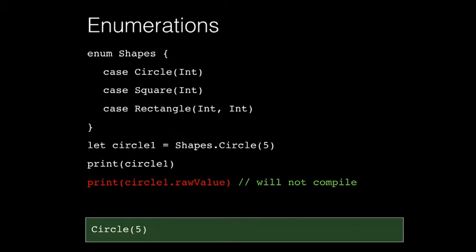And in this case, when we print it out to the console, it's going to look like this. Now, if you have associated values, you can't have a type with the enumeration, so this would not compile. You can't have a raw value in that case. And I'll show you an example of how you can use these associated values in a subsequent slide.